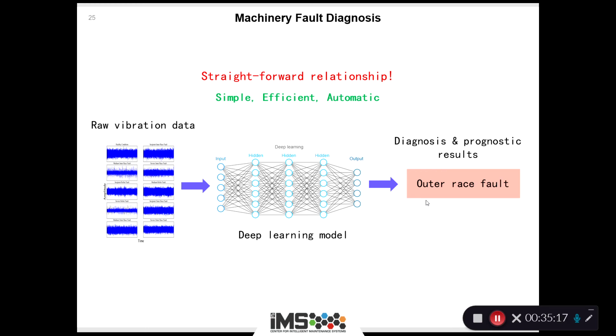So it is pretty simple, efficient and automatic. It builds a straightforward relationship between the input and output. So for users who may not be very familiar with diagnosis or signal processing techniques, they can use deep learning for their applications.